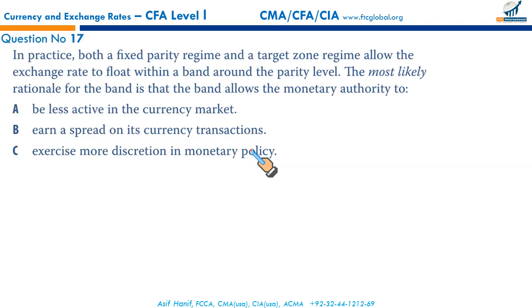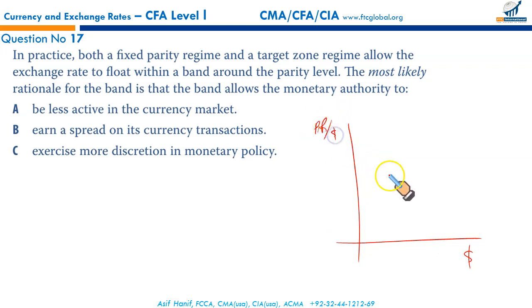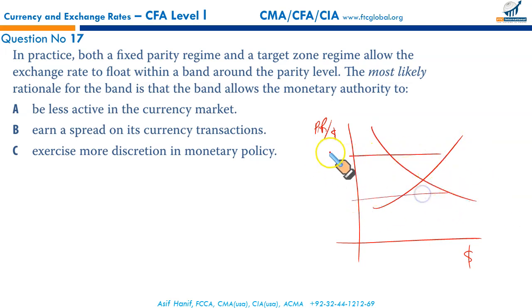Next, question number 17. In practice, both fixed parity regime and target zone regime allow the exchange rate to float within a band around the parity level. Let's say this is dollar PKR per dollar, and the currency somewhere floats around between this upper maximum and the lower limit.